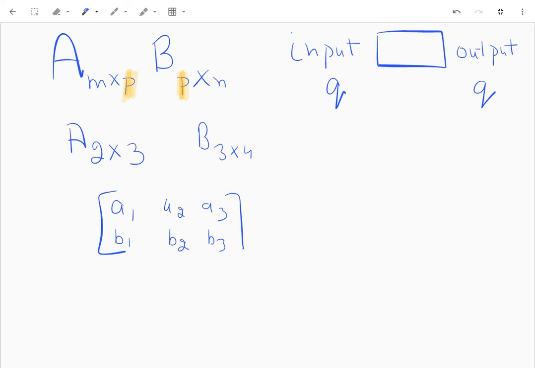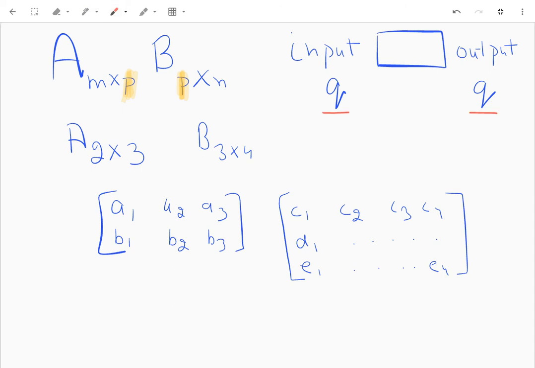Okay, and this is my matrix A. And B: let's take C1, C2, C3, C4, D1, so on, and E1 till E4, right? This is our B. Okay, now I talked about inputs and outputs, right?